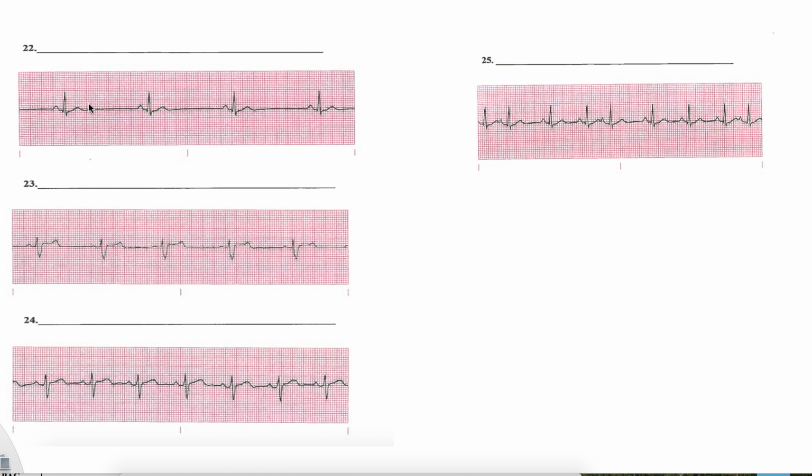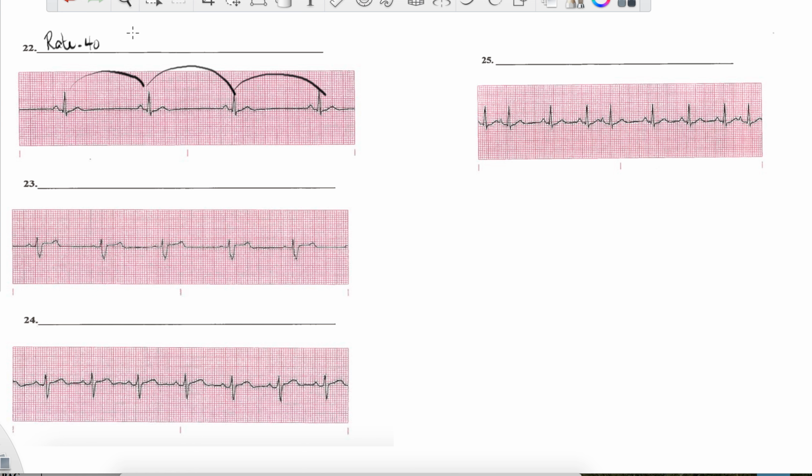Alrighty, moving on to 22, we have a rate of 40. This appears to be very regular to me. If we look at the P waves, we can see a P here, and a P here, and a P here, and look at them. All of them look round, they look upright, and similar to each other. So we're going to say the P's are within normal limits.